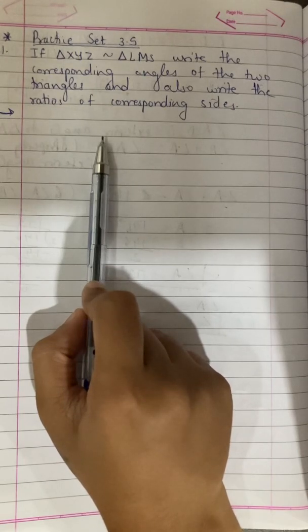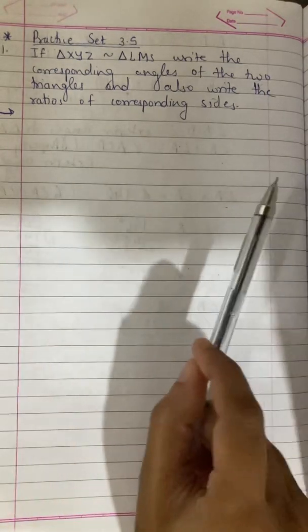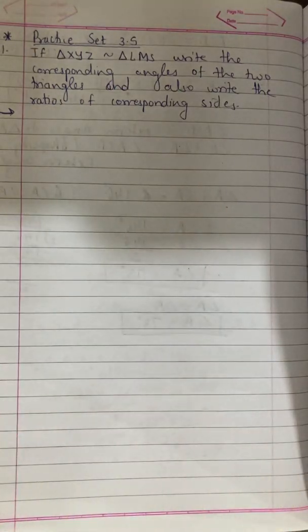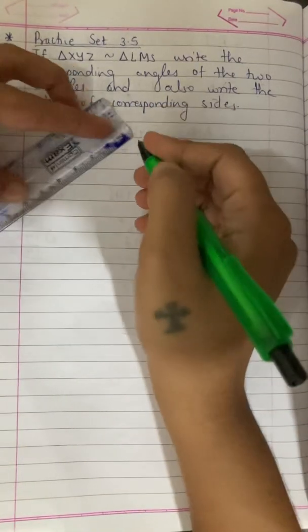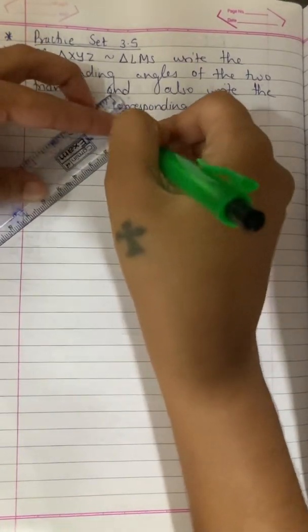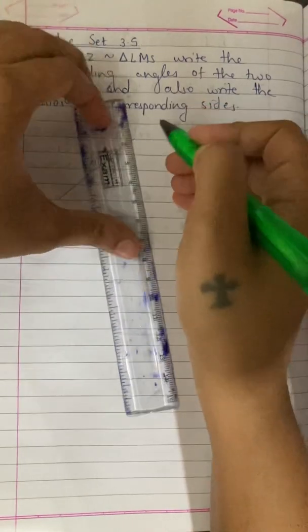Diagram should not be actually perfect, okay, but it should look like proper diagrams. It should make sense, it should not be something vague. So I'm going to draw a diagram. So they should be similar triangles. I'll show like this.